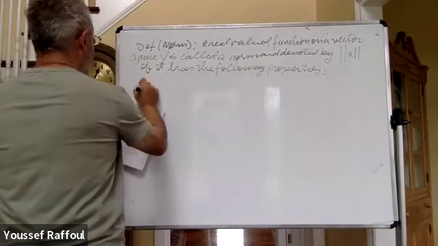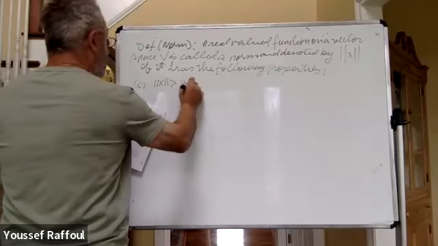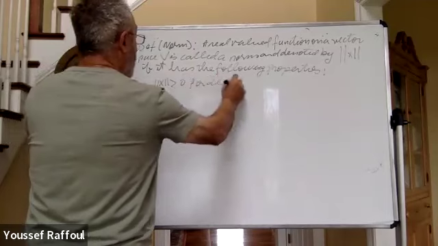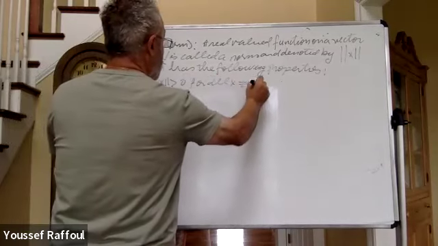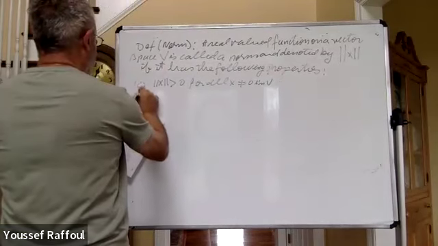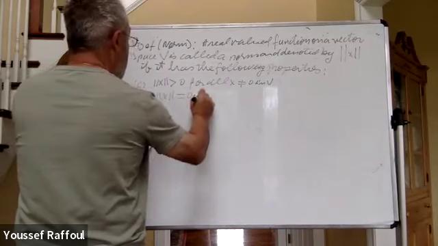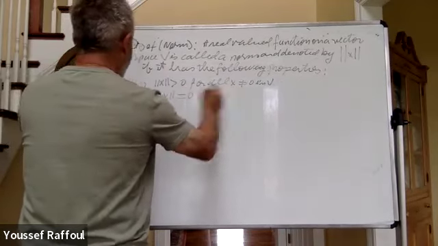Okay, one, norm of x is bigger than 0 for all x not 0 in V. Two, norm of x equals 0 if x equals 0.